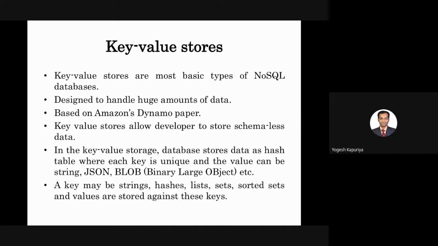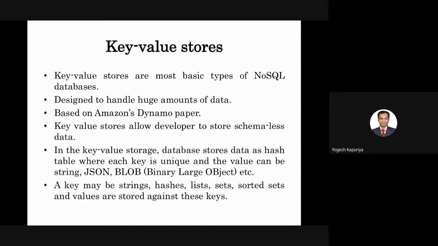So what is key and value? Key is any unique number which is unique throughout the data set, and value can be any value which is represented by the key. It is designed to handle a huge amount of data. It is based on Amazon's Dynamo. DynamoDB is basically a key value product which was built by Amazon.